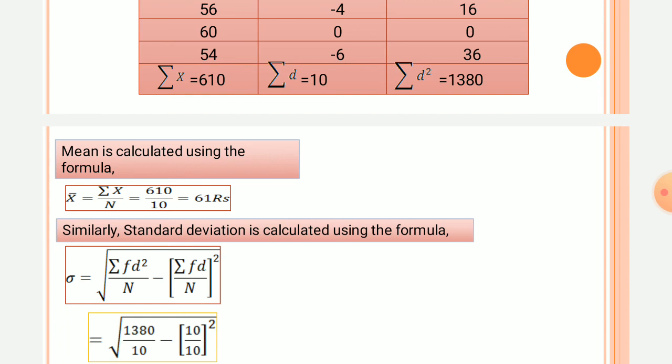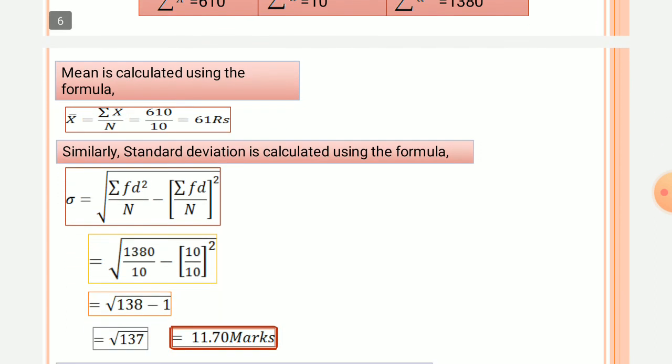Because this is an individual series, under individual series the formula to calculate arithmetic mean is sigma x by n, where n is equal to number of items or number of observations. Sigma x 610 by n, 10 items, is equal to 61 rupees. This is the value of arithmetic mean.